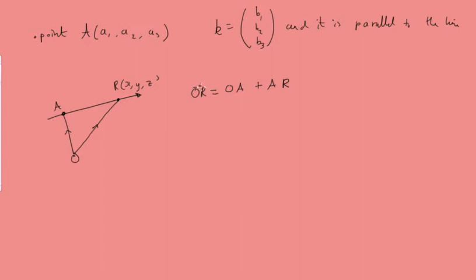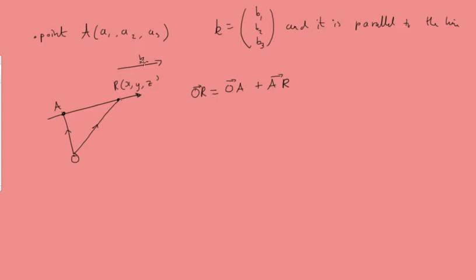Now we know this vector OA, and we've also got the parallel vector, vector B. We don't know specifically what the vector AR is, but this point R could be slid anywhere along this line.